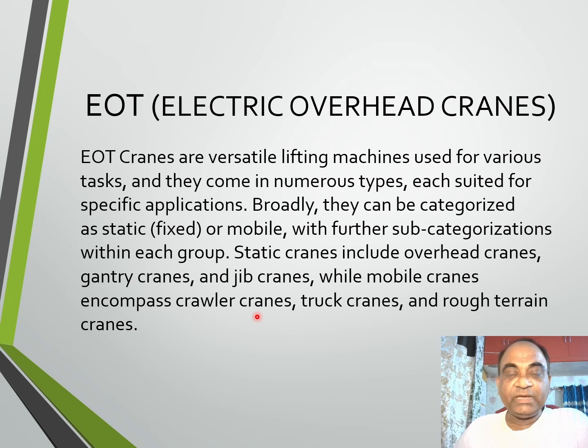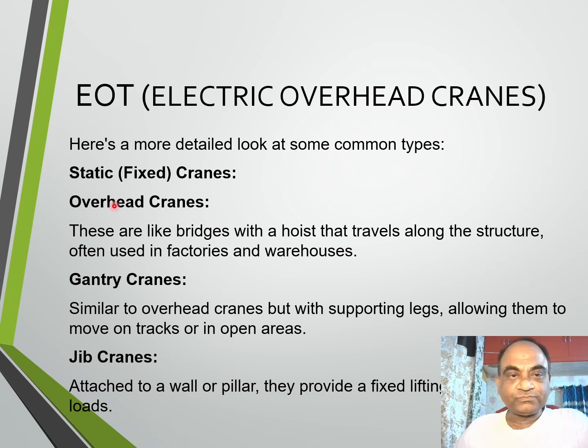The entire AB bay can be covered with the help of a crane, but it cannot go outside the AB bay. So the operation area is limited for the EOT crane, and that is called a static crane. That means it is static at a place. It cannot cross the boundaries of the place, that is, AB bay. I hope you have understood if you have seen my earlier video.